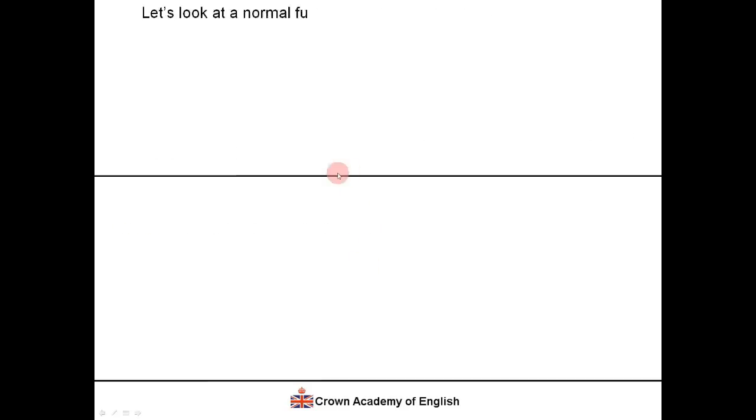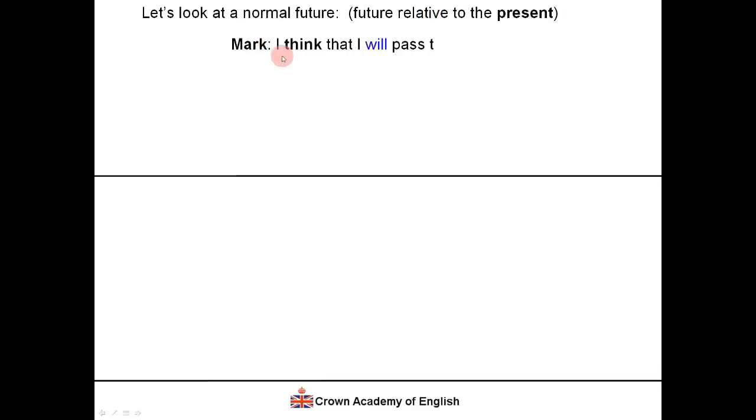So first of all, let's look at the normal future tense, because I'm sure you all know this. This is the future relative to the present. So the future compared to the present. Mark says, "I think that I will pass the exam." This is what we call the normal future, the future simple.